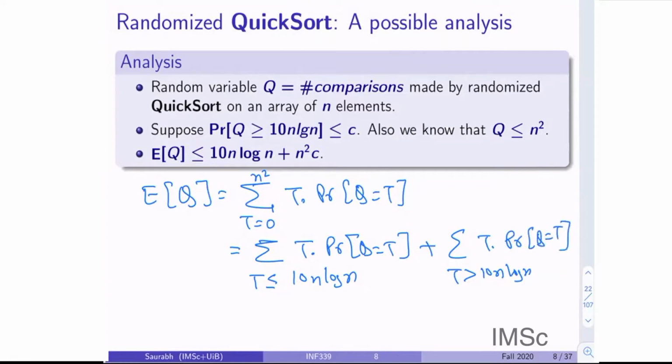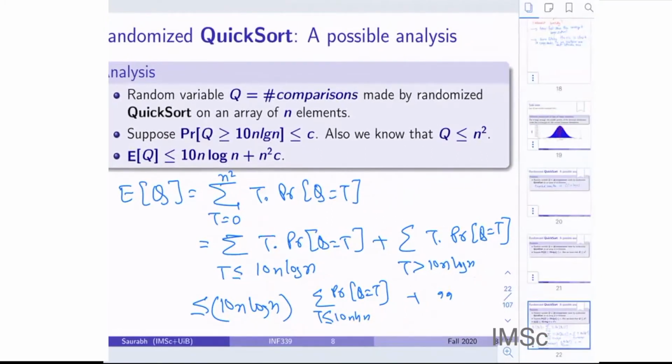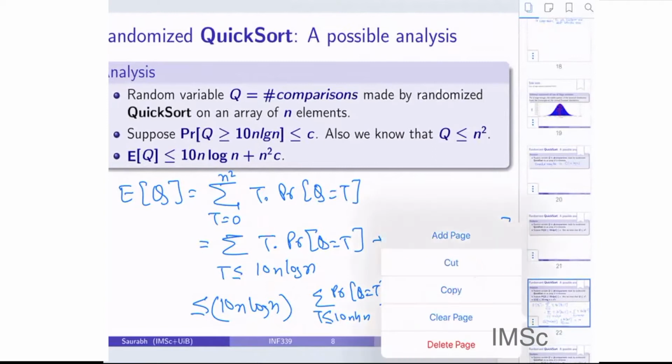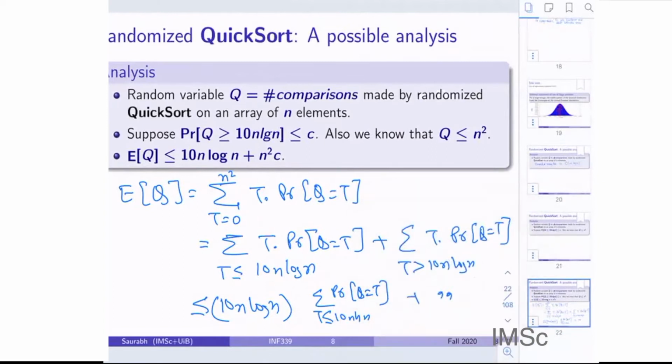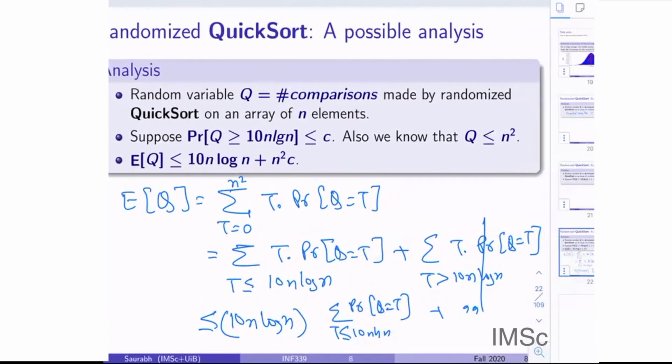In the first term, I can write 10 n log n times the summation over t less than or equal to 10 n log n of the probability Q equals t, plus the other term.